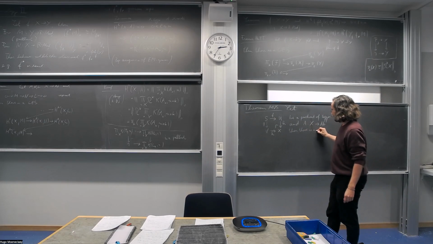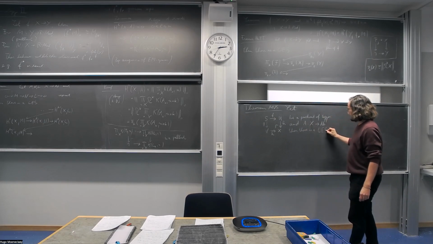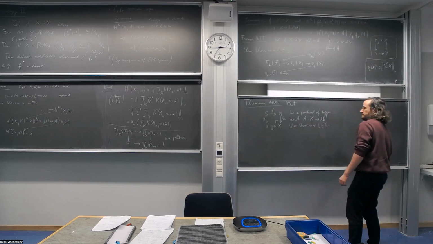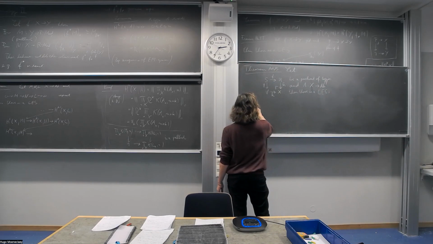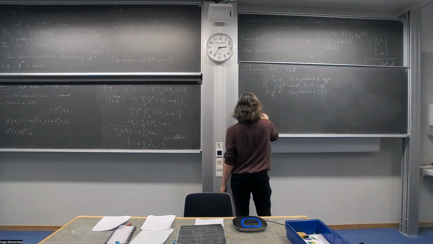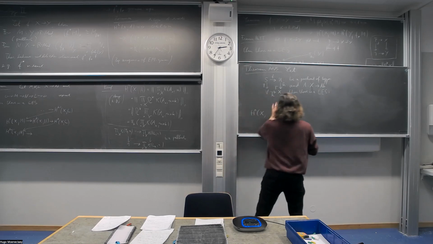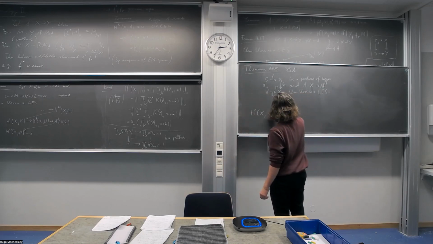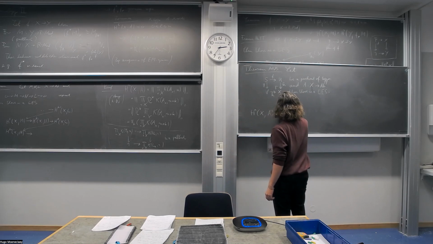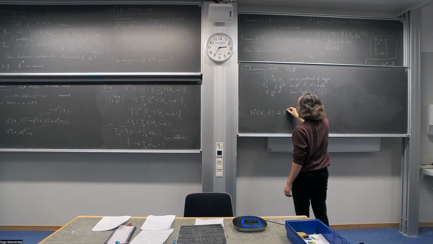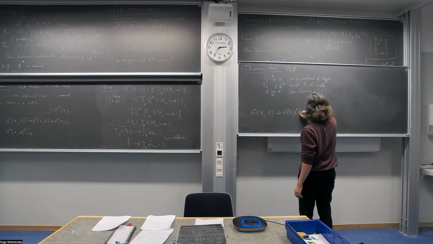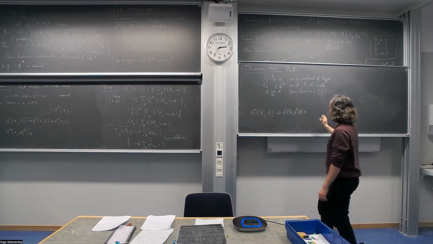Then there is a long exact sequence which looks like this. You have the union here, X, and your coefficient. And then you have the product of what's going on here, the coefficients.